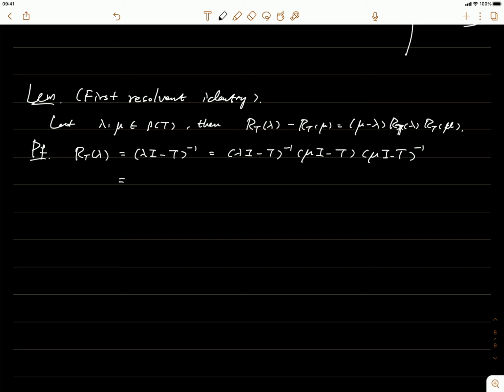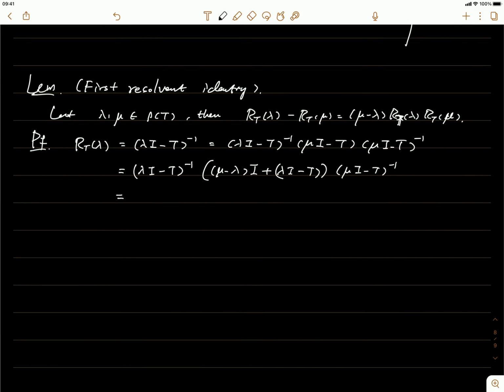Now I'm going to make a slight change to the middle term, which gives us (mu minus lambda) times I plus (lambda I minus T), and again this is just adding lambda and then subtracting it, times (mu I minus T) inverse.